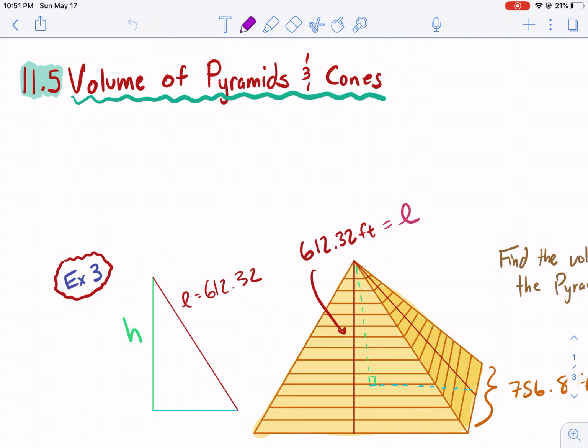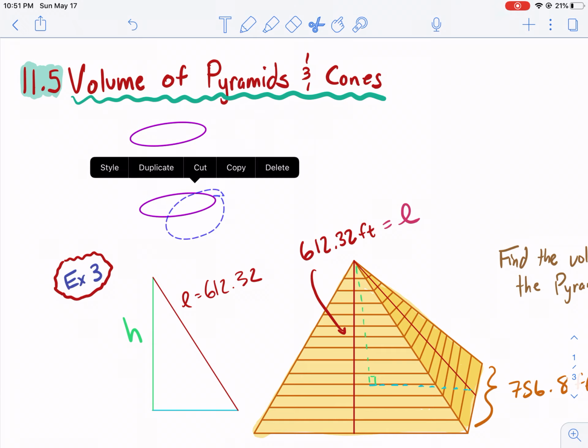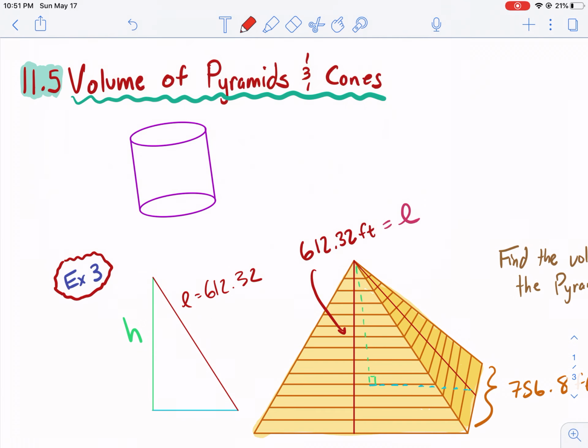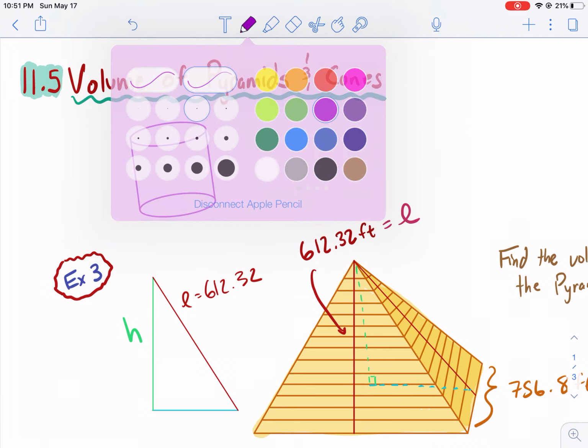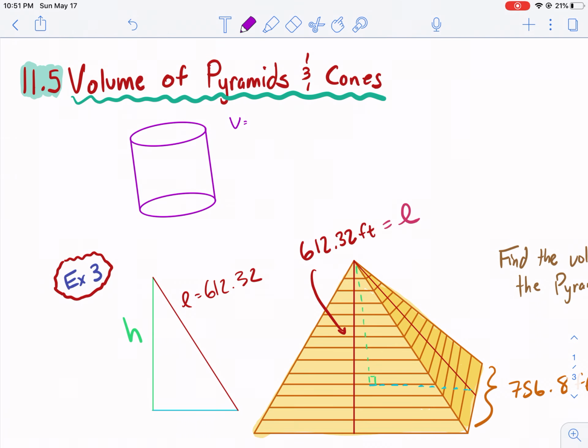I'm going to draw a cylinder here, copy it, and paste, because I don't want to give you the formula without explaining how it's derived. We know the volume of a cylinder based on the previous section is pi r squared h.